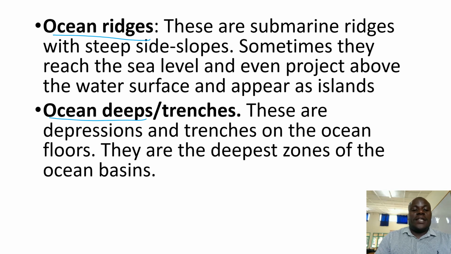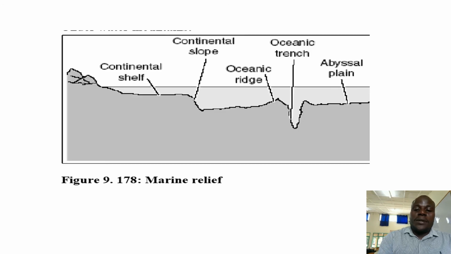We can have a diagram which summarizes these zones. If you check on this diagram, the first gentle slope, this part which slopes gently but is also submerged, is what we have called the continental shelf.